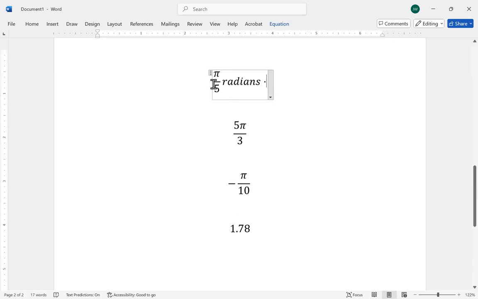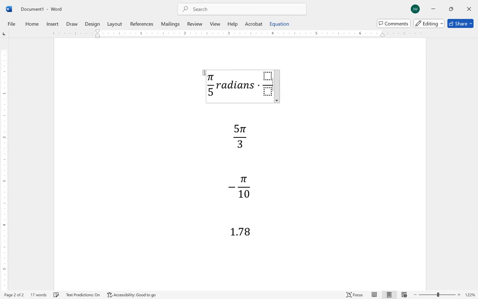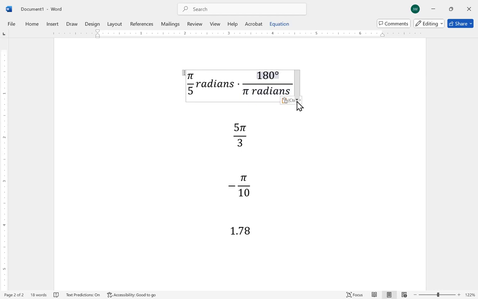All right, so we have pi over 5 radians, and we're going to multiply that times a fraction of size 1. This time, because we want to cancel out the radian label, I'm going to put pi radians in the denominator, and 180 degrees in the numerator.